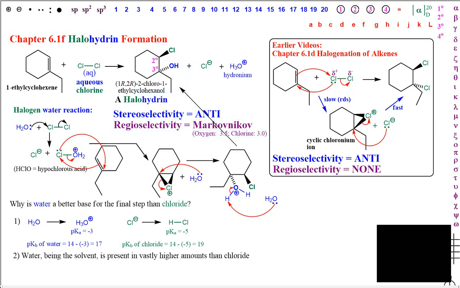The stereoselectivity results from backside attack, always giving anti-stereoselectivity because you're coming in 180 degrees away from this bond that you're breaking while you're keeping this bond. So one will stay a wedge, and the new bond has to be on a dash because the water came in 180 degrees away. This is anti-stereoselectivity, very similar to the result over here. Although there was no regioselectivity here because the atoms had the same electronegativity.